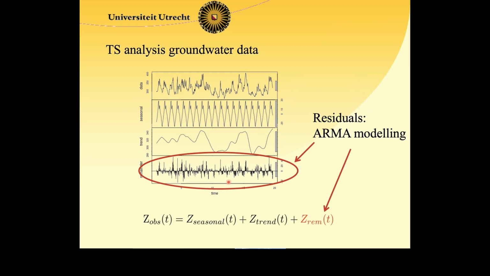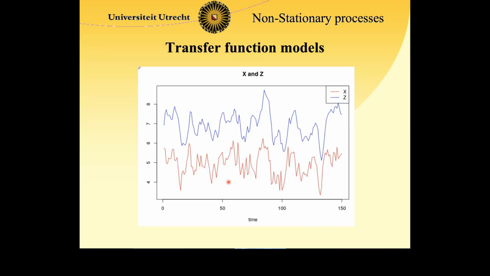Forget about all these SARIMA models. They are way too complicated, difficult to understand, and often over-parameterized, so don't do that. But if you have auxiliary variables that explain the variation of your hydrological time series, then use transfer function noise models. They are the preferred method for non-stationary time series.